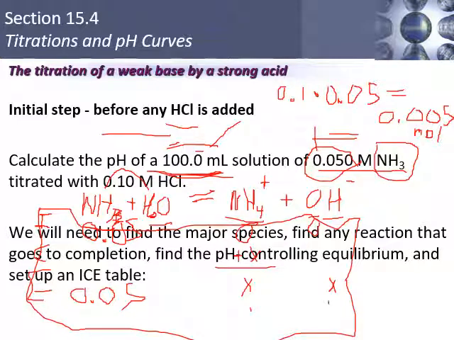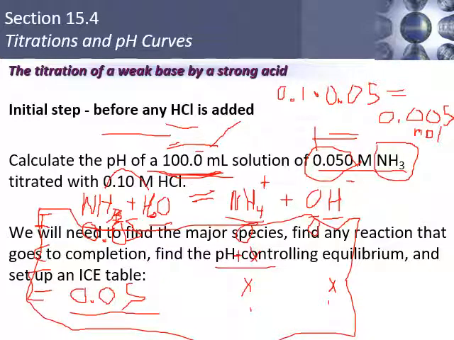At the bottom, X times X divided by 0.05 equals what? Try to remember what it's going to equal, which I'm sure most of you do. It's Kb, right? Do you remember what Kb is for NH3? It's the same as the Ka for acetic acid: 1.8 times 10 to the minus 5th.